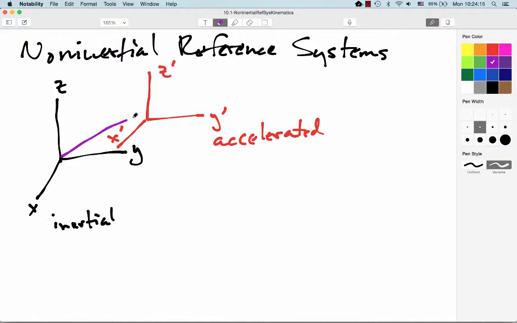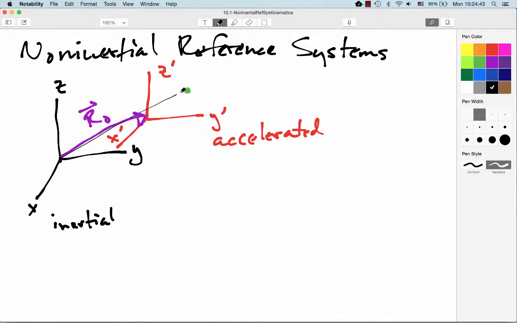Now the position at any moment, the position of the origin of the accelerated frame with respect to the inertial frame, will be given by capital R naught. So now, if say we're observing some event right here, the two different observers are going to measure two different positions for it.